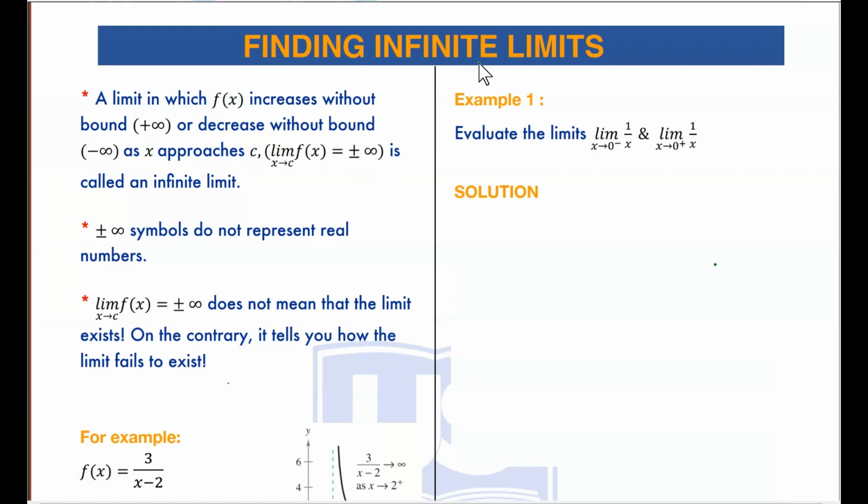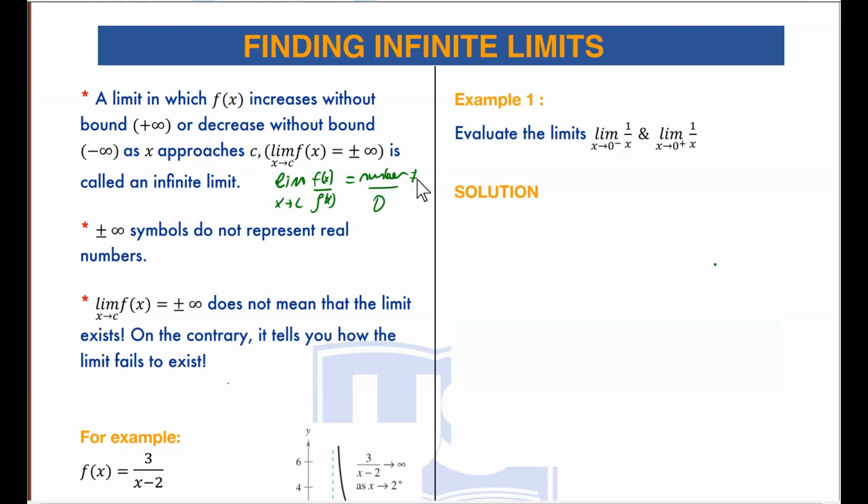Because we call this an infinite or unbounded limit, the result of the limit becomes infinity. How so? For example, you have a function like the limit as x approaches c of a rational function, let's say f of x divided by g of x. By substituting c for x, you get a number divided by 0.